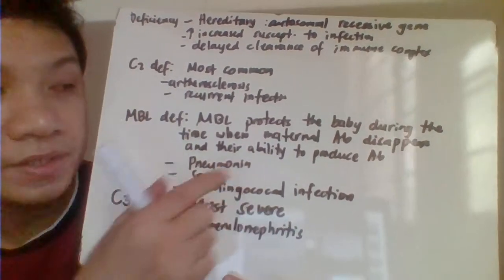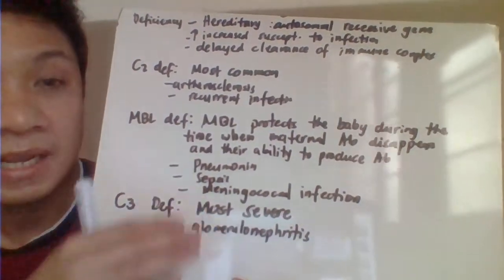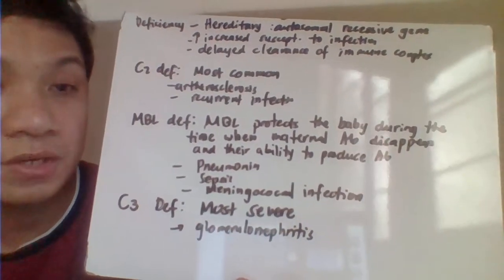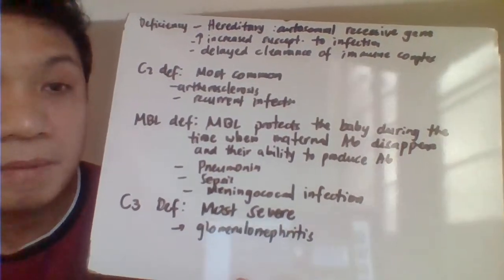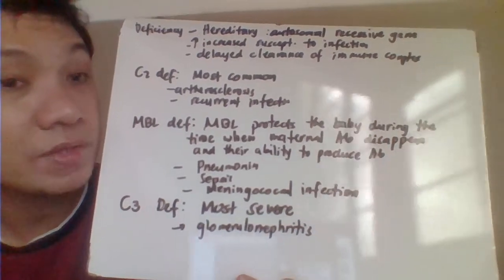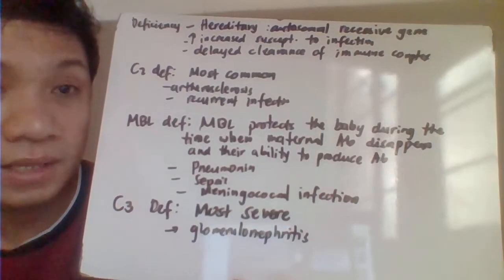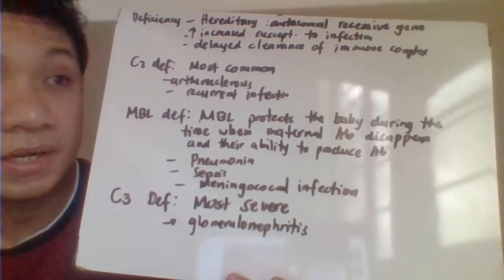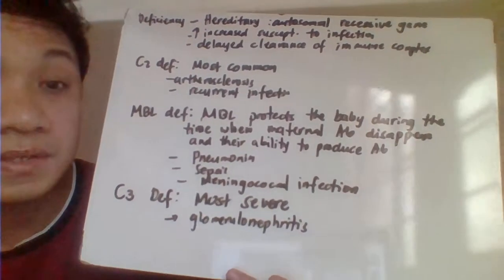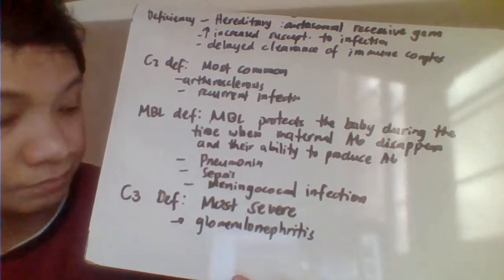That is how important it is, because the baby's antibody protection is disappearing. Therefore, without MBL, the baby would be prone to infections like pneumococcal disease, pneumonia, sepsis, and Neisseria infection.